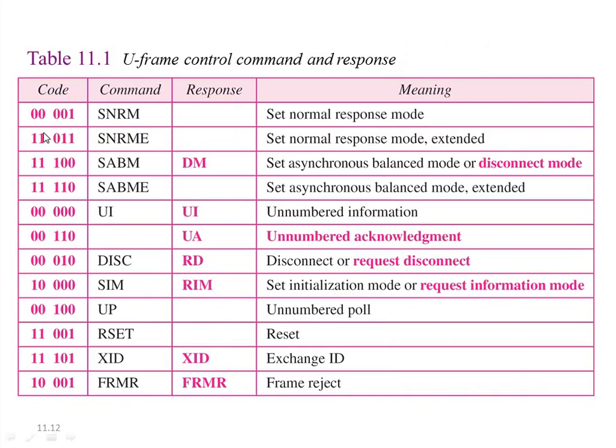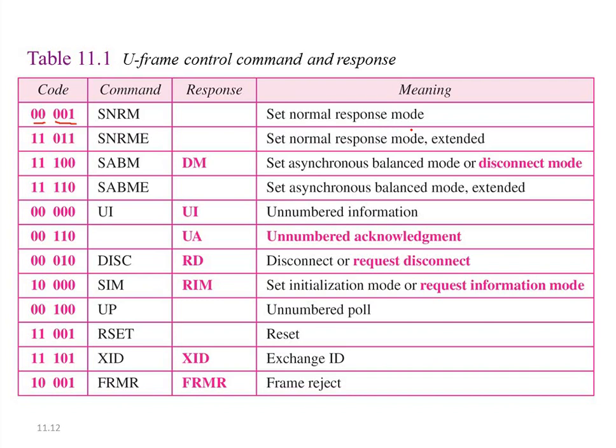Now here you can see this is the prefix code and this is the suffix code. When 00 is there and 001 is there, that is SNRM, that means set normal response mode.